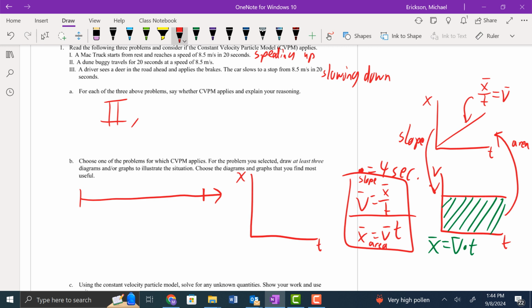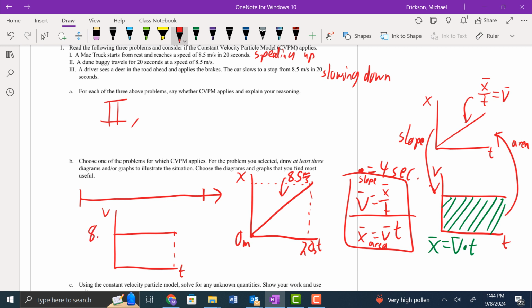And I'll say, okay, we have this object. I'll assume it starts at 0 meters and we travel for 20 seconds. And I know this slope is 8.5 meters per second. Well, I can figure out how far it goes because if I do a velocity time graph where I'm traveling at 8.5 meters per second for 20 seconds, I take the area here.